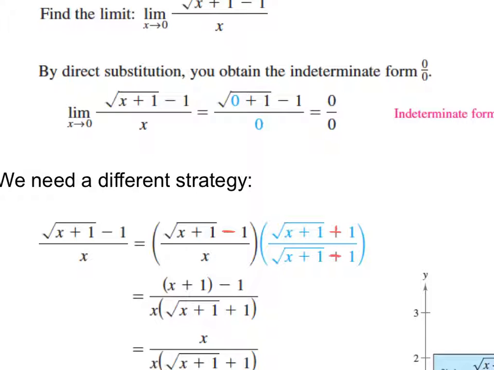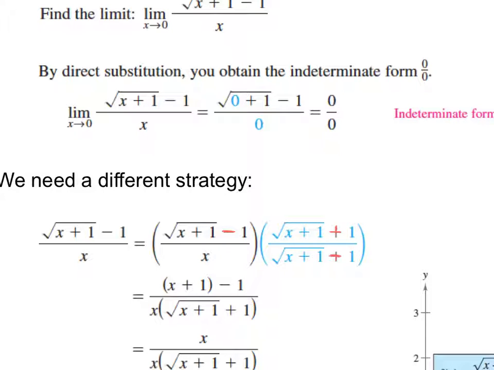Notice here, the conjugate, we want to multiply by the radical plus 1, because now when we multiply, if you were to FOIL these together, the outers and the inners will be opposite, so they will cancel out. So we just have the first, so radical x plus 1 times radical x plus 1 is just x plus 1, and we have the last, negative 1 times 1 is minus 1. Okay?